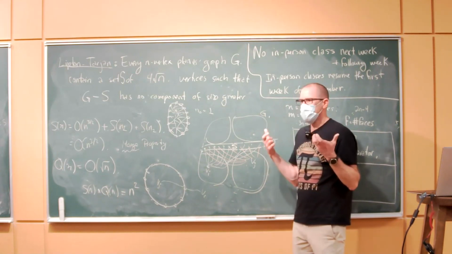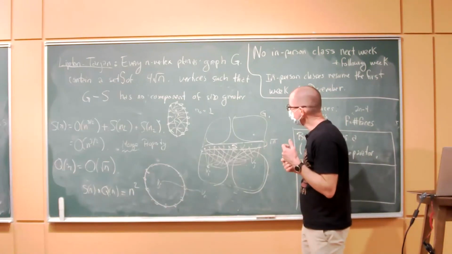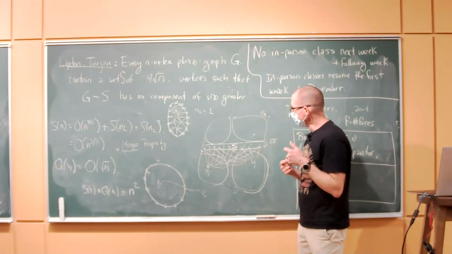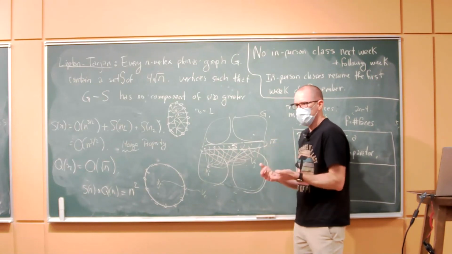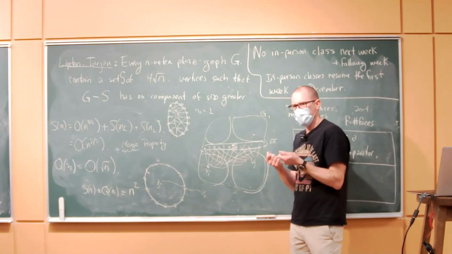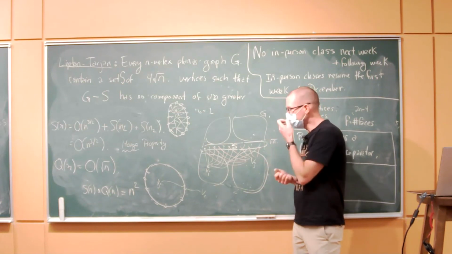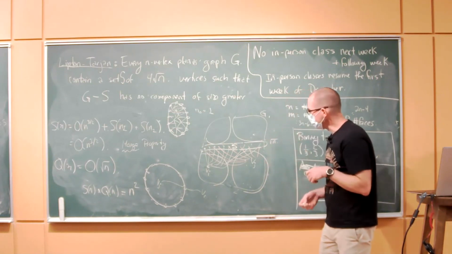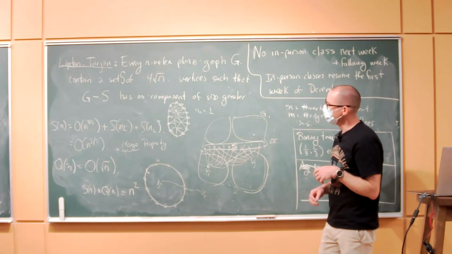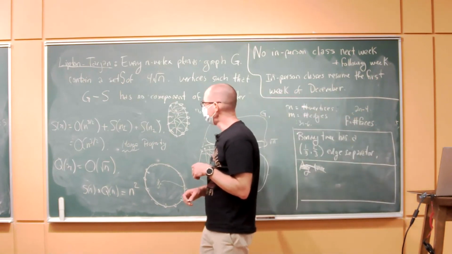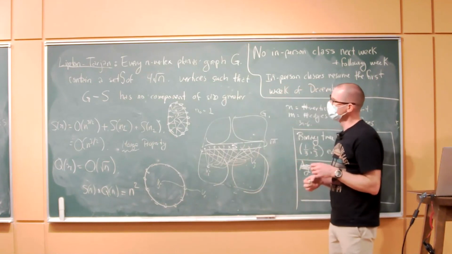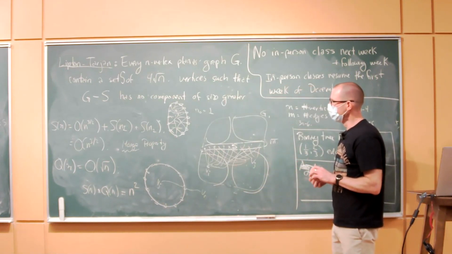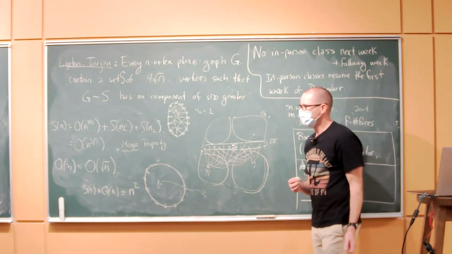And if you give me the labels of two things, then by looking at their labels, I can tell exactly at which point they fell into separate components in this recursion, and then use that part of their label to tell you the distance between them. So that solves the distance labeling problem with labels of length n to the 3/2. It's been a long standing open problem to know if that's the best that you can do.